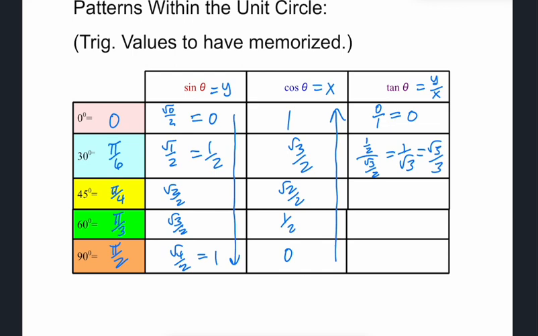Square root of 2 over 2 divided by square root of 2 over 2 is 1. This one puts the square root of 3 on the top and the 1 on the bottom. And this is the only one that has a 0 denominator and is undefined. So your tangents are funky. They come out to be 0, square root of 3 over 3, 1, square root of 3, and undefined.